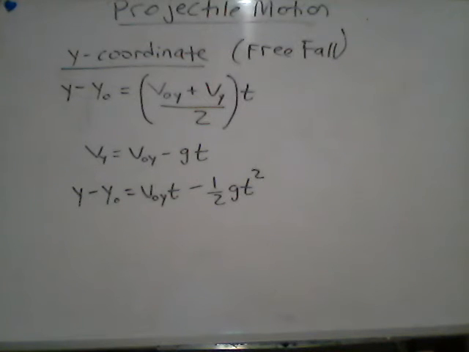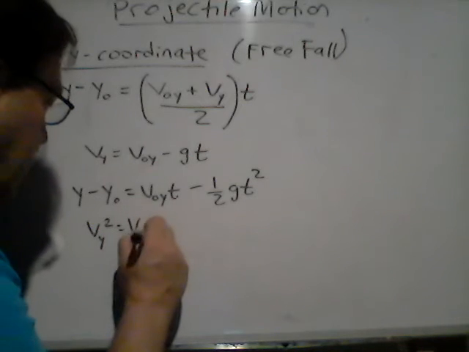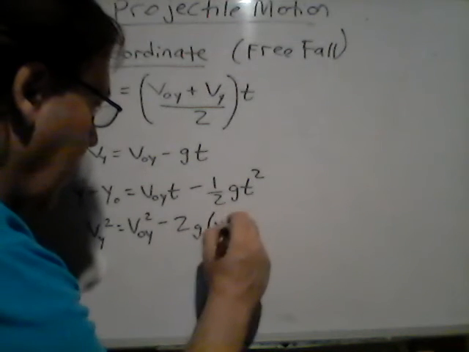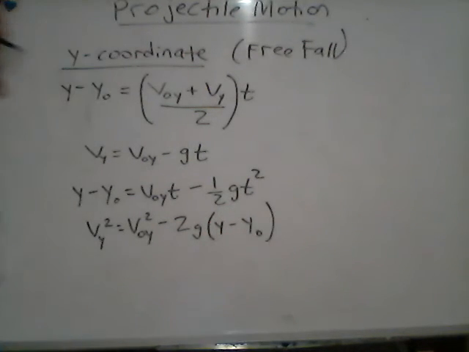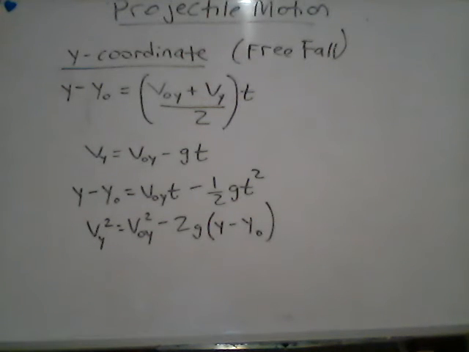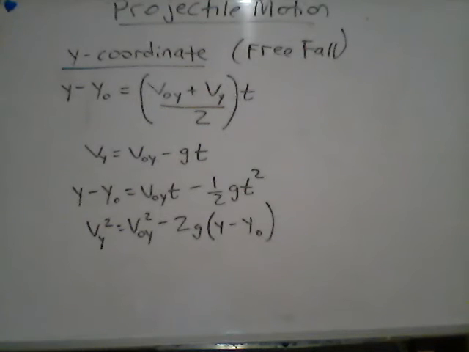And then the fourth kinematic equation is v sub y squared equals v naught sub y squared minus 2g times y minus y naught. These are the equations that govern free fall, and they only apply to the motion in the y component, because gravity only acts in the y direction.